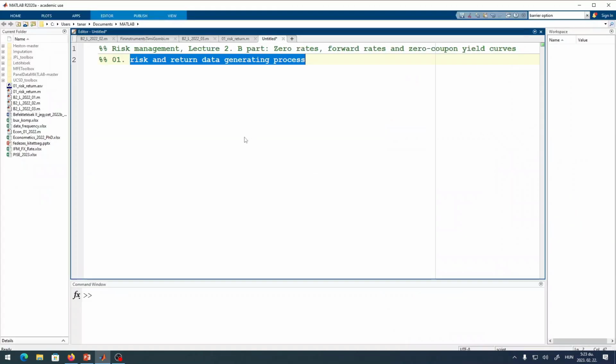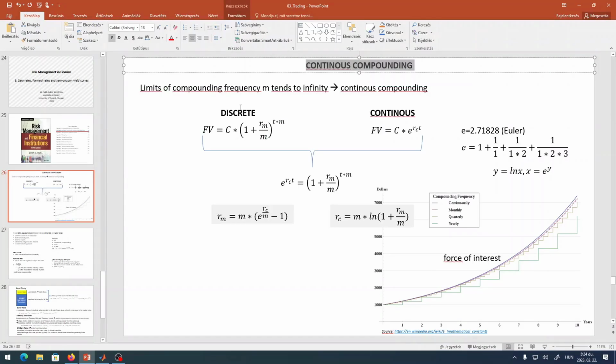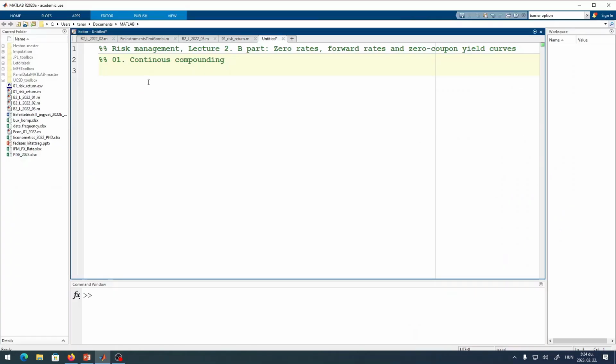So, continuous compounding. I would like to have a discrete position and a continuous position.